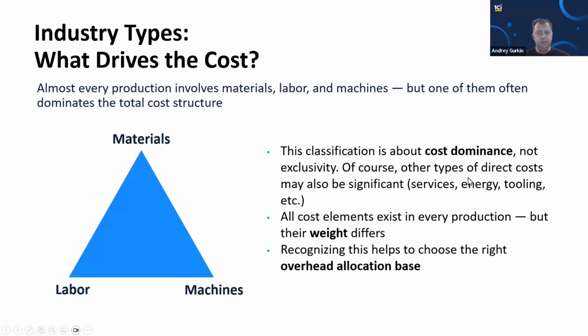And you can see that for different industries, it might also be significant. So for services, for energy, etc. All cost elements exist in every production. So it doesn't mean that we're eliminating materials and splitting the production process and saying, no, we are forgetting about our labor cost.